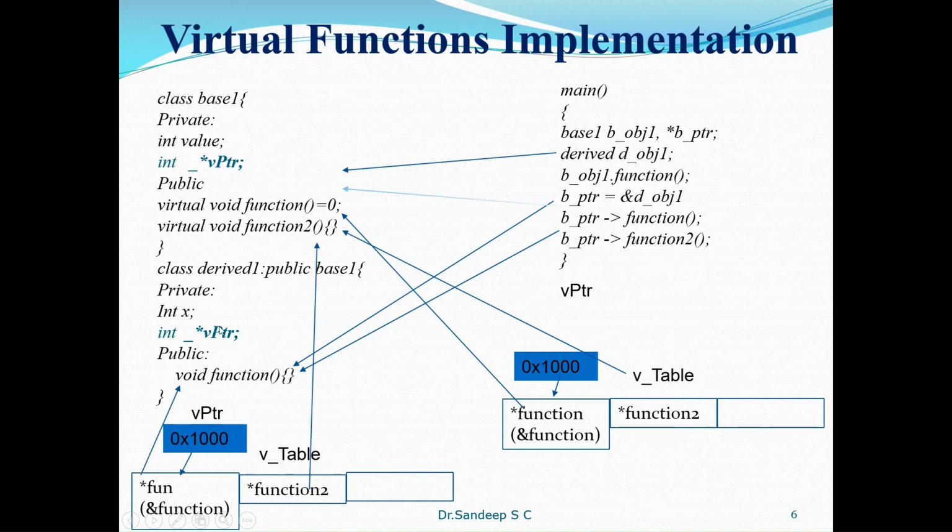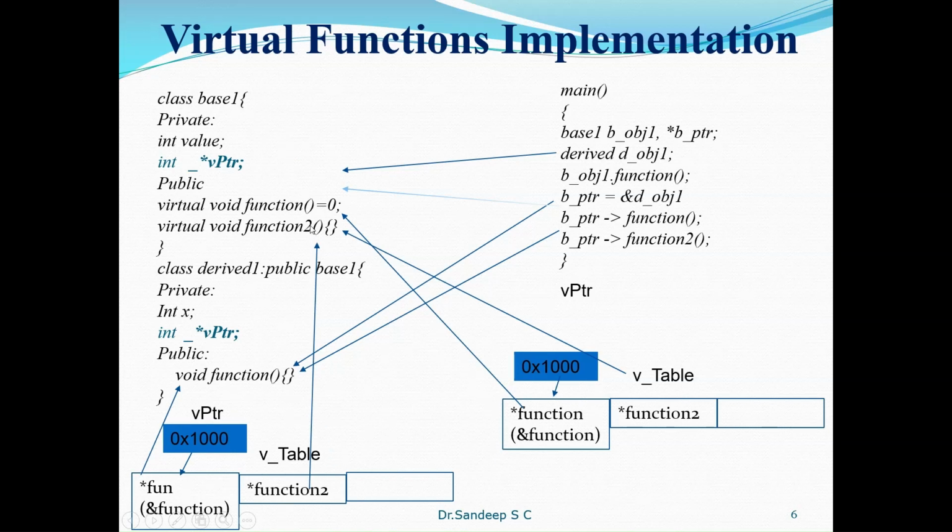There are two separate pointers in different classes. Okay. Now this virtual pointer creates its own virtual table again. The virtual pointer which gets declared in the derived class will point to another virtual table which belongs to the derived class. So the virtual table of the base class is separate, and the virtual table for the derived class is also separate.